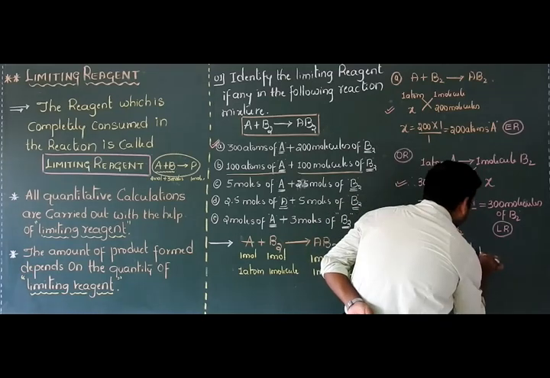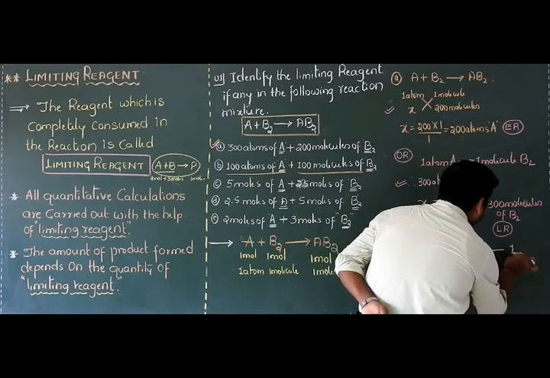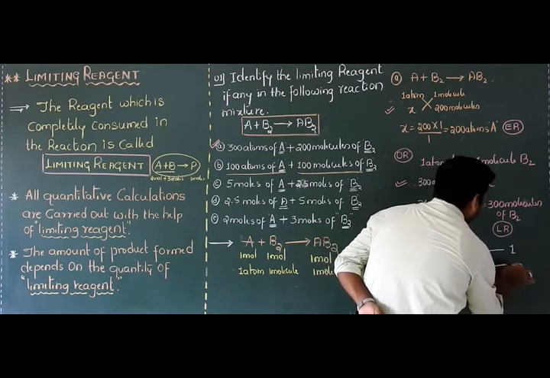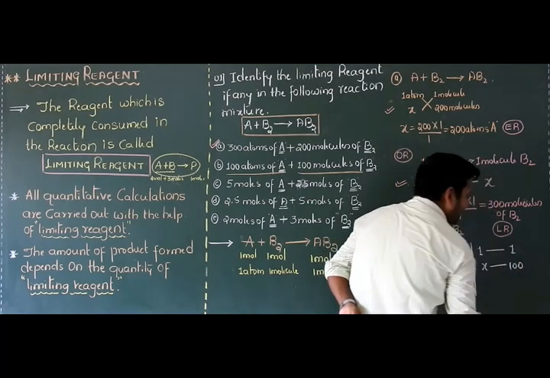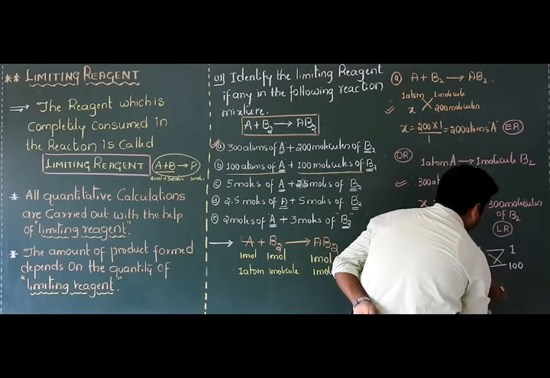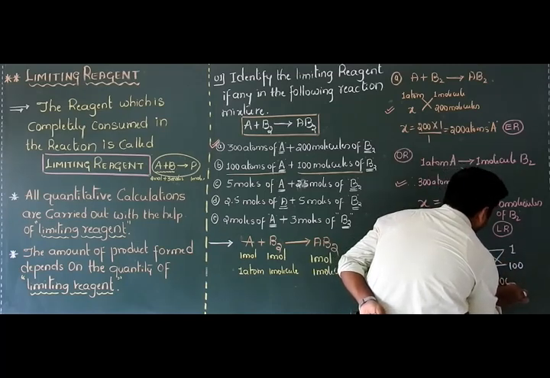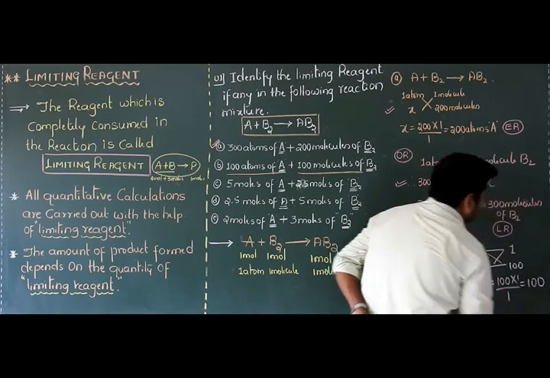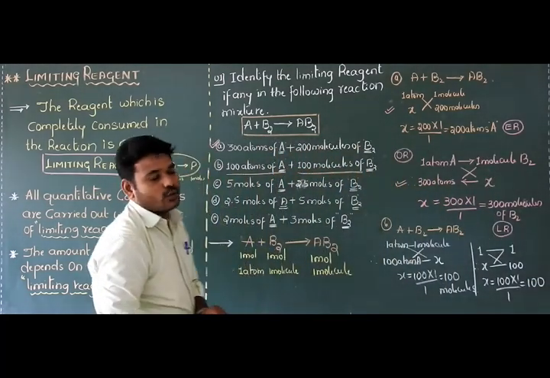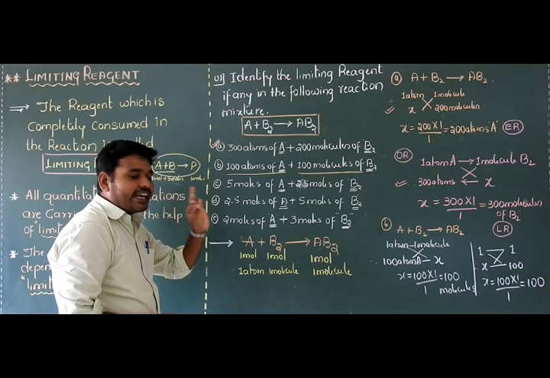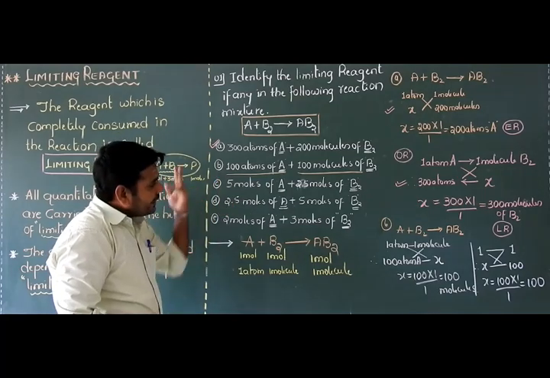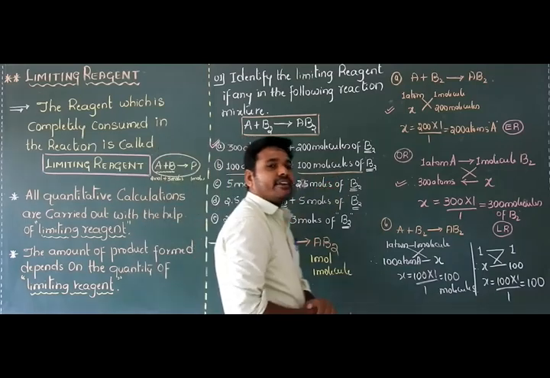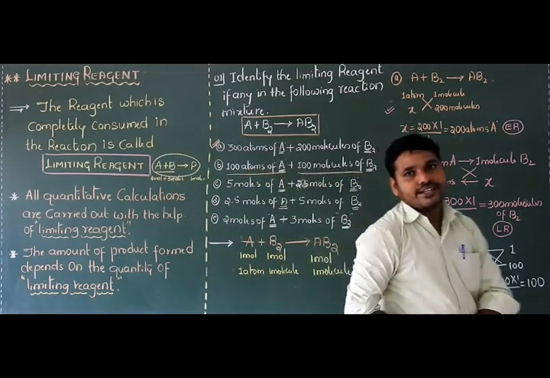One atom of A combines with one molecule of B2, therefore X atoms of A combine with 100 molecules of B2. Cross multiply. Once again X equals 100 into 1 divided by 1. What is the answer? 100 atoms of A are required. So in this second problem, neither A acts as a limiting reagent nor B2 acts as a limiting reagent, students.